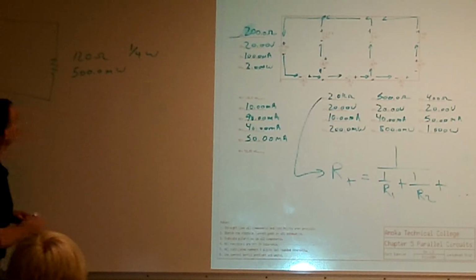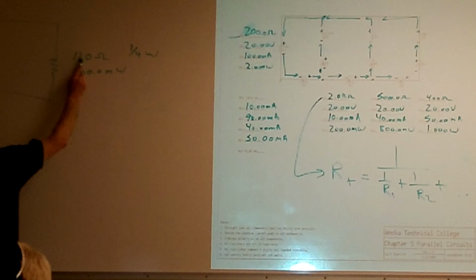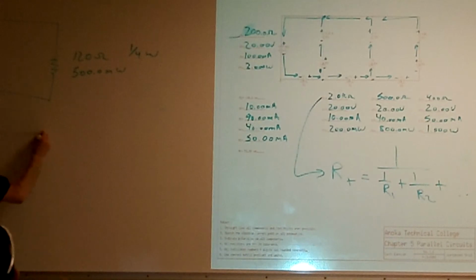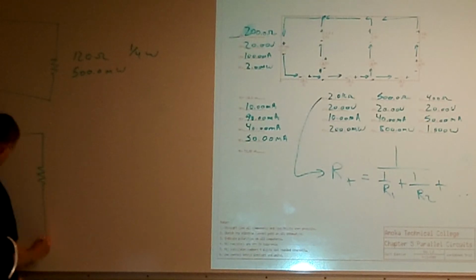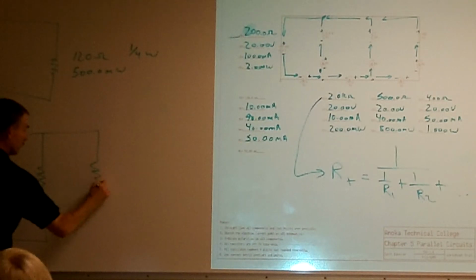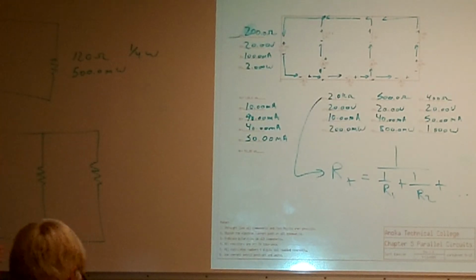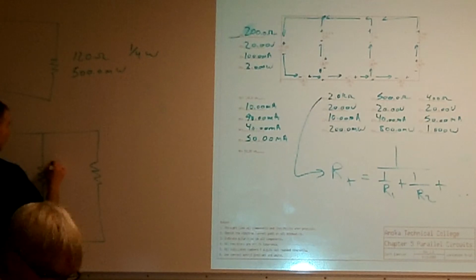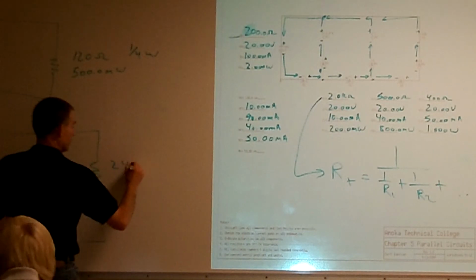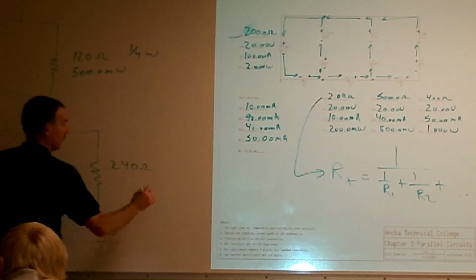So a lot of times, if we know that we need a total resistance of 120 ohms, what I can do is take two resistors. I could take two 240 ohm resistors, if all I have is quarter watt resistors.